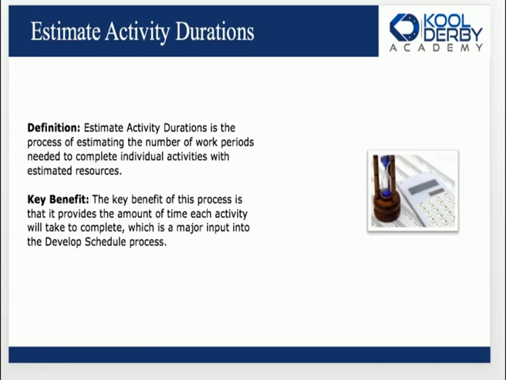The key benefit of this process is that it provides the amount of time. We need to know how long something is going to take for each activity, which is a major input into the develop schedule process. So if we know how long each activity takes, we can sequence those activities, and then we're going to get an entire schedule.